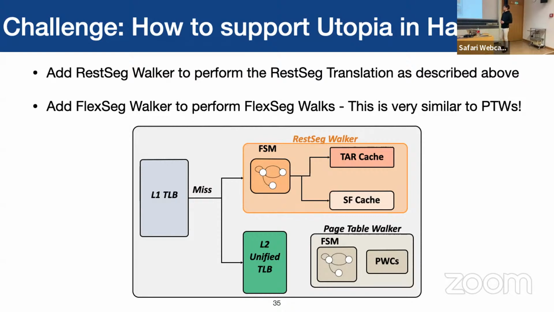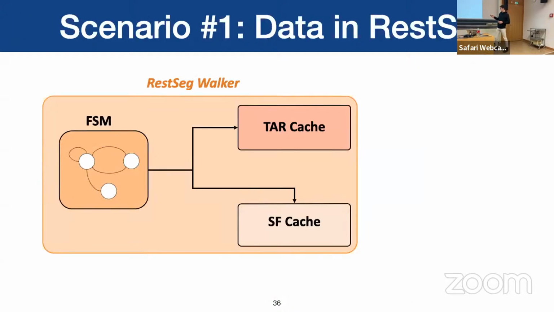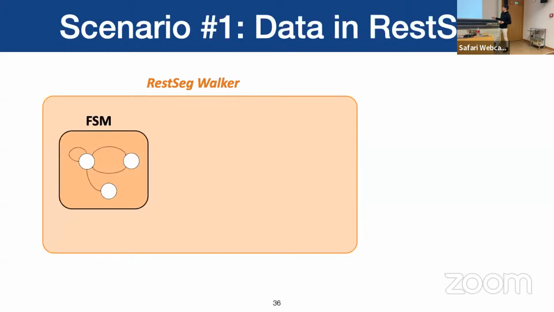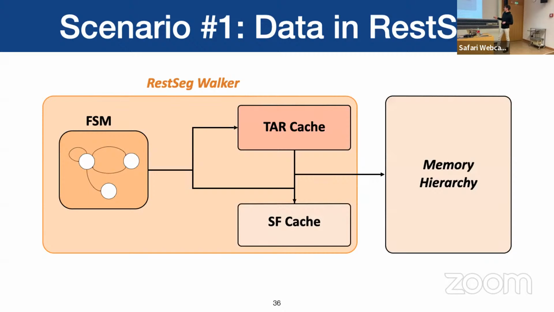And additionally, we introduce a tag array cache and a set filter cache so that we don't have to go to memory all of the time to perform the tag array accesses. So this is just a further speed up. Yeah, and if we get misses in the tag array cache and the set filter cache, we have to go to the memory hierarchy to look up the tag array data.